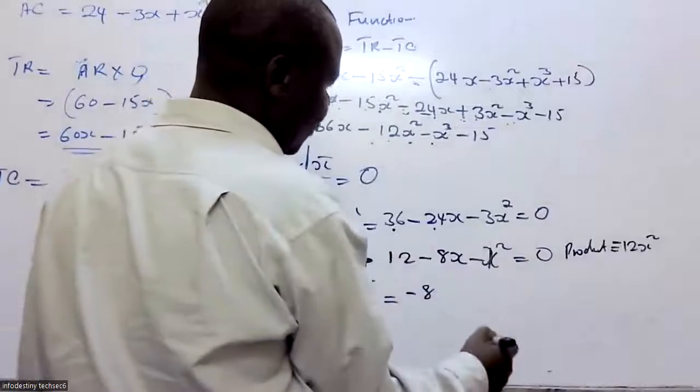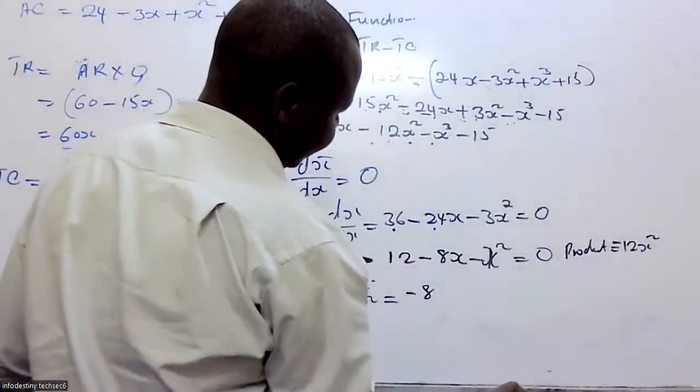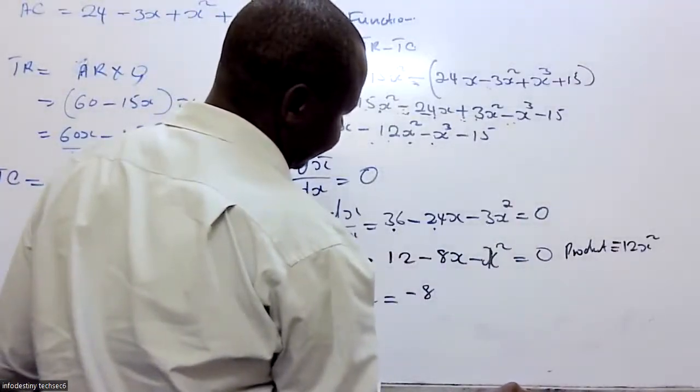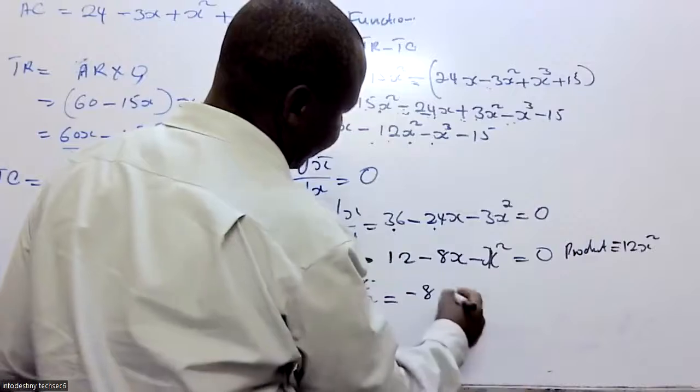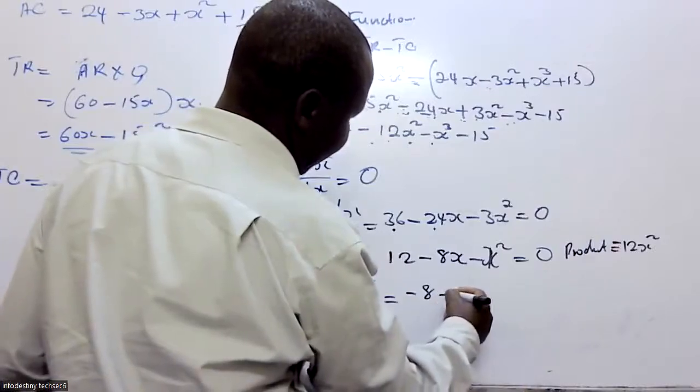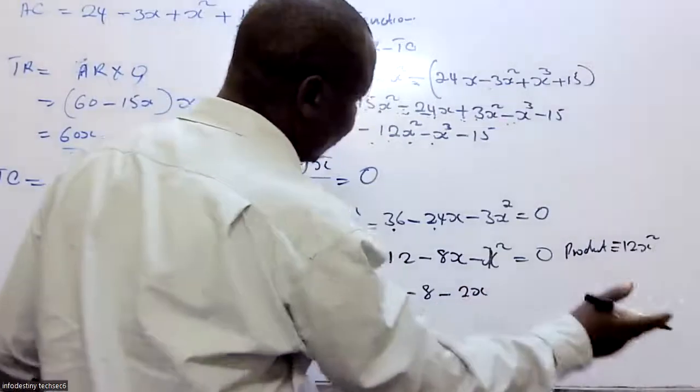And this is going to give us what? Minus 2x equals to what?